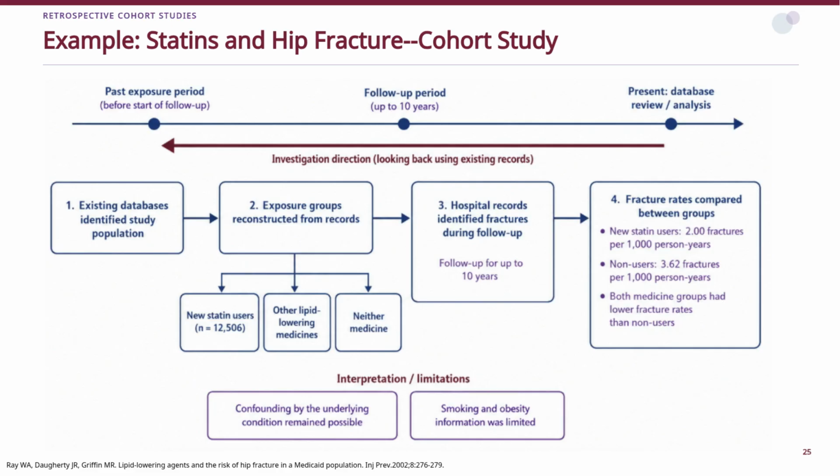An advantage of this retrospective cohort study was that up to 10 years of follow-up could be studied quickly because the records already existed. However, an important limitation was that the records were originally collected for other purposes and had little information about possible confounding factors, such as smoking and obesity.